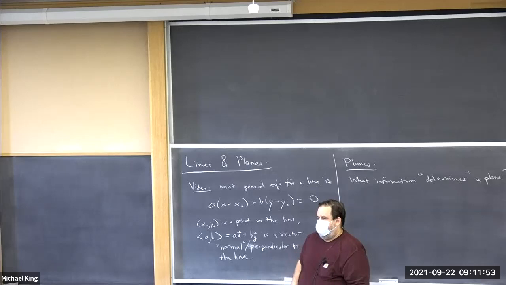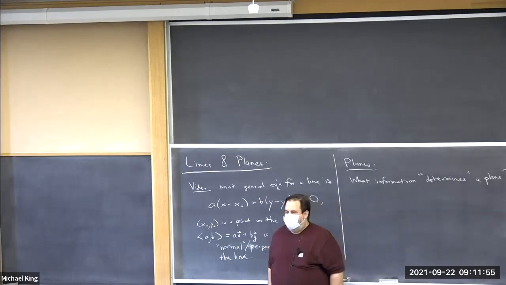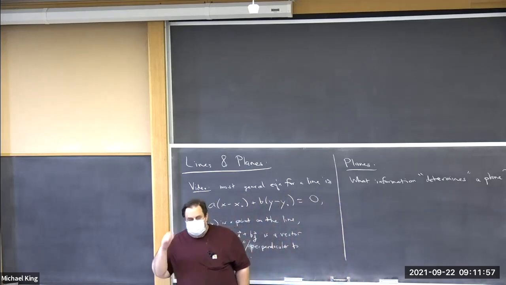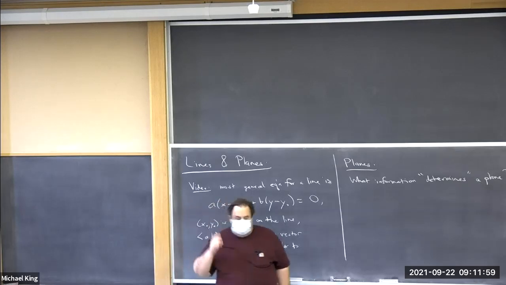What's the analog of two points determining a line? How many points do you need for a plane? Three, right? You need three points for a plane.